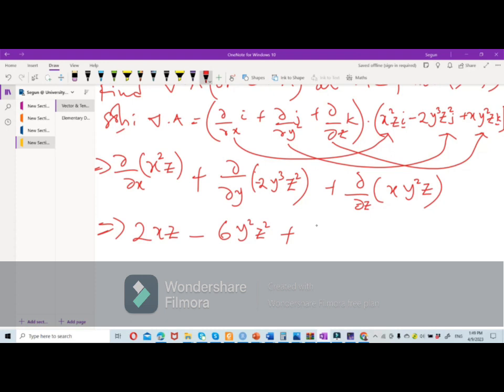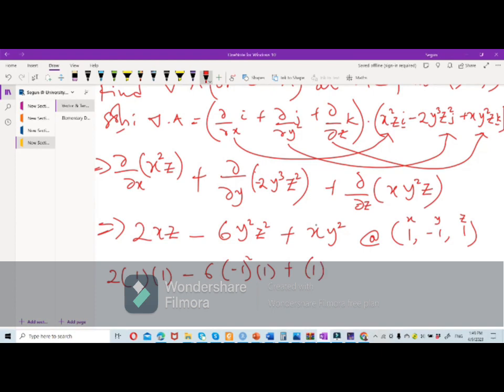Then plus xy squared, because you differentiate this one. Remember, you were given 1, negative 1, 1, meaning x, y, z. So I will have 2 into 1 into 1, minus 6 into negative 1 squared into 1, plus 1 into negative 1 squared.